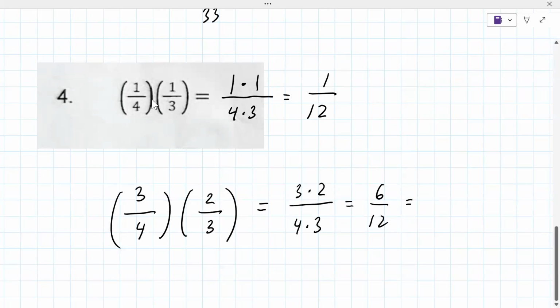1/3. That'd be the answer? Did you get 6/12? Yes. Okay, so what did you divide the top and bottom by? I divided the top one by 3 and the bottom one by 3. Okay, that's fine.